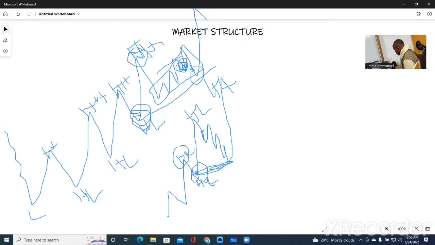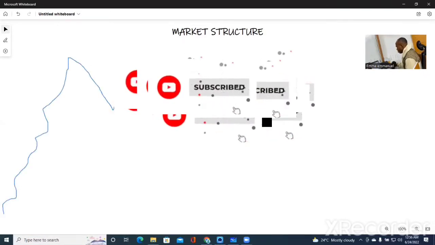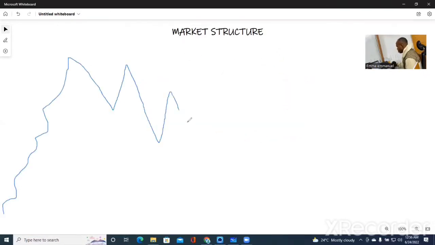So let's take some examples so that you guys can understand everything that I'm talking about. Let's say we are in a bearish movement whereby the market is having something like this. Let's say the market is going up, and as I say, something like this, something like this, something like this.